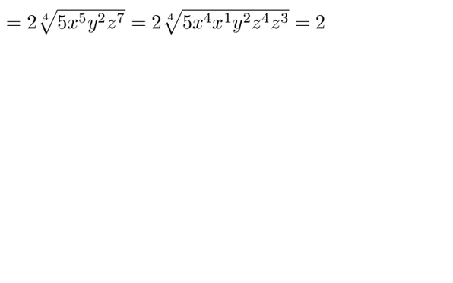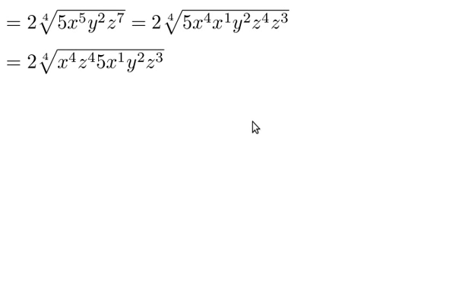So, 4th root of x to the 4th times z to the 4th times 5x to the 1st, y squared and z to the 3rd. Let's see if I typed that out correctly.